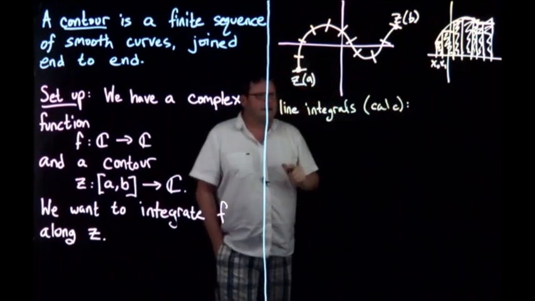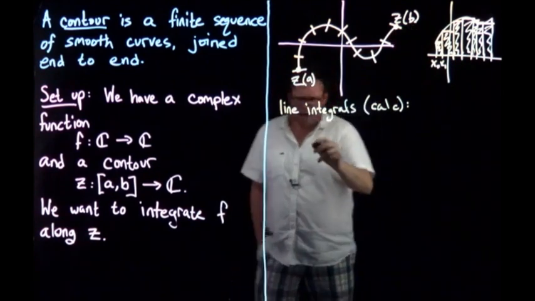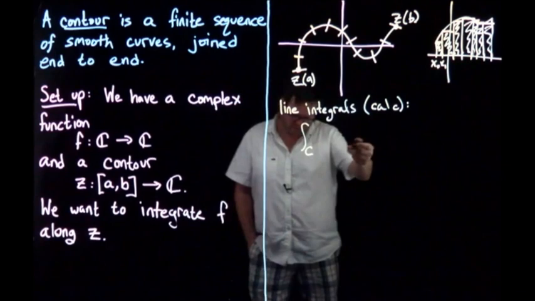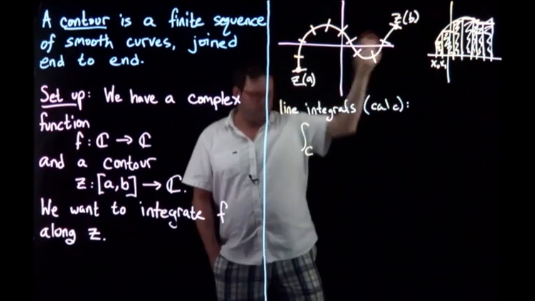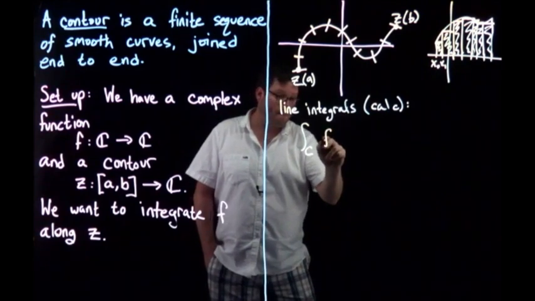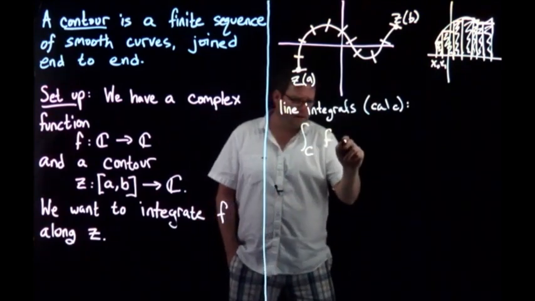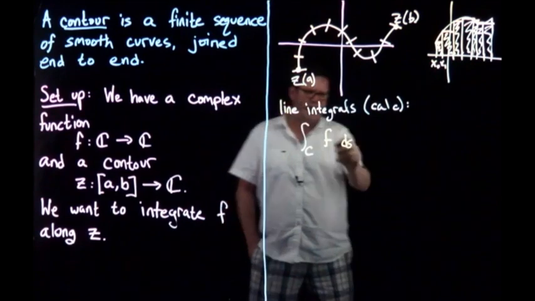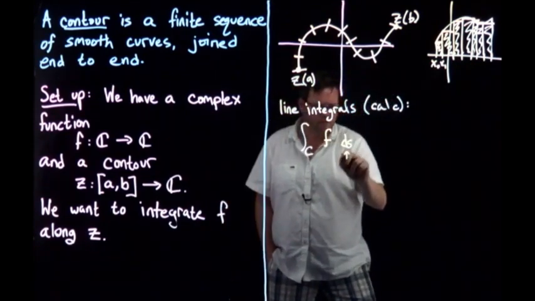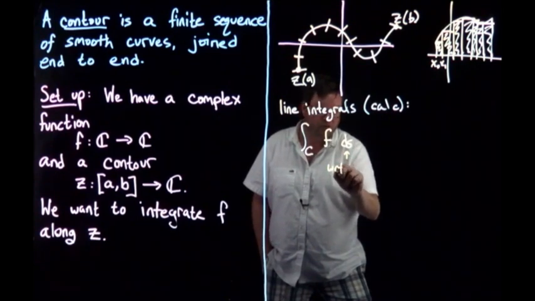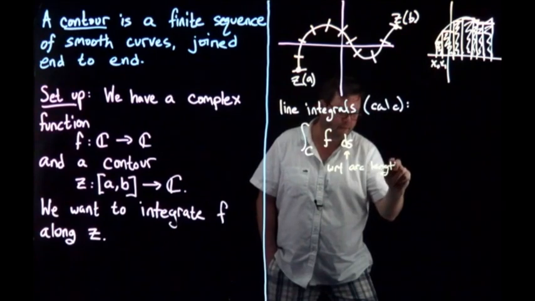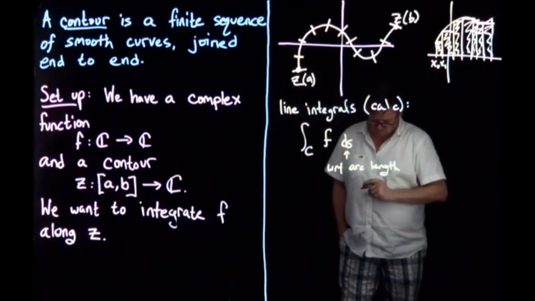In this setup, your line integral in Calc 3 would be an integral along the curve C, which is parameterized in this case by z, of f, and then we usually say ds. In Calc 3, by ds we mean arc length. Sorry, the integral is done with respect to arc length.